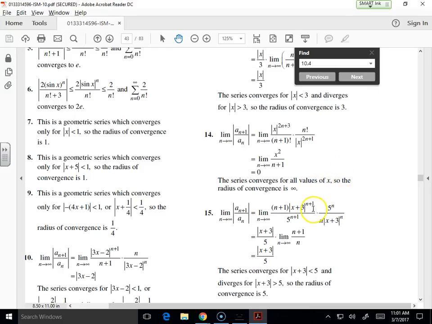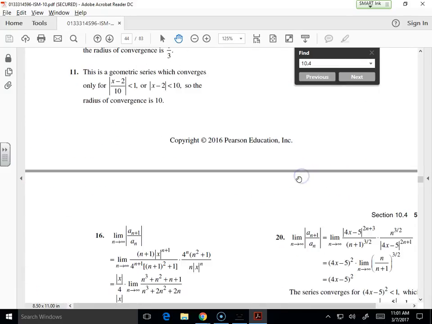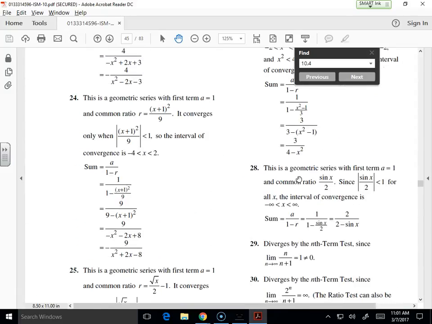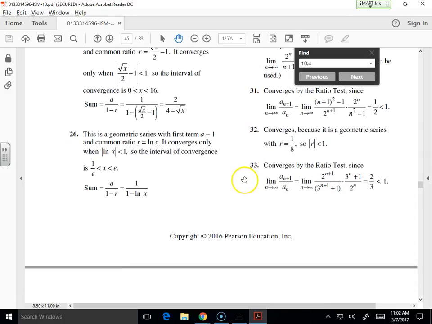It asks for a radius of oh, no. Never mind. It's right here. I had to read. 26. Cool, got that right.